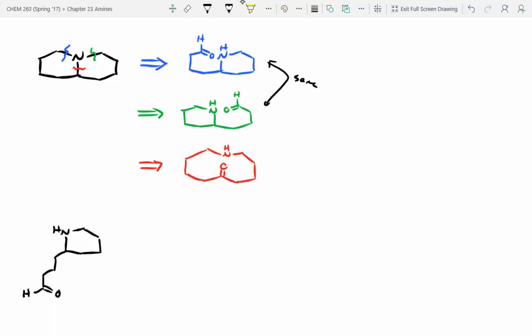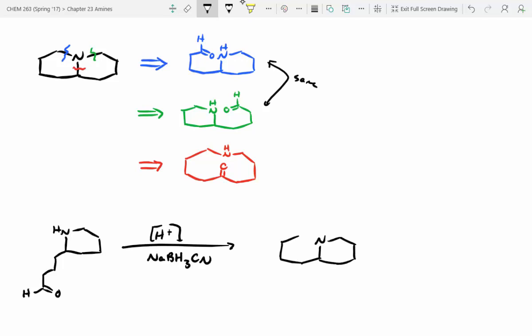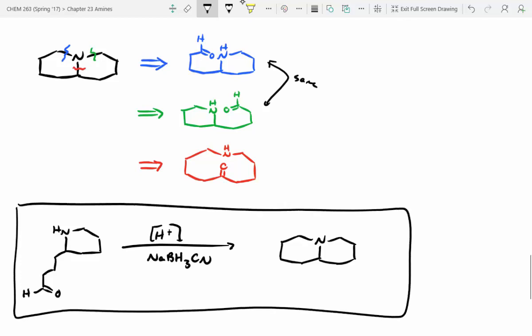Yeah, it's an intramolecular reaction. And now you can make your bicyclic ring system. And it works nice and easily in one step. So the first step is you make that enamine in this case, and then you can reduce that using sodium cyanoborohydride.